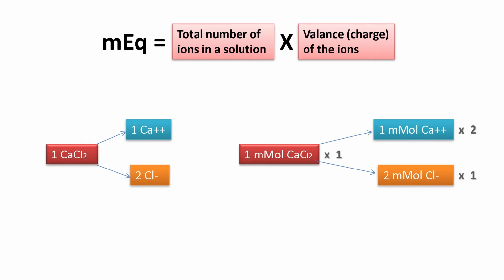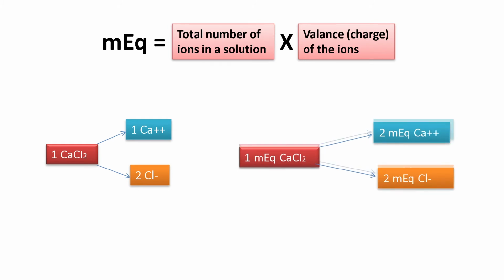Now, if we multiply the molar values with the valency, then we get to see this. That means 1 milliequivalent of calcium chloride will form 2 milliequivalents of calcium ions and 2 milliequivalents of chloride ions.